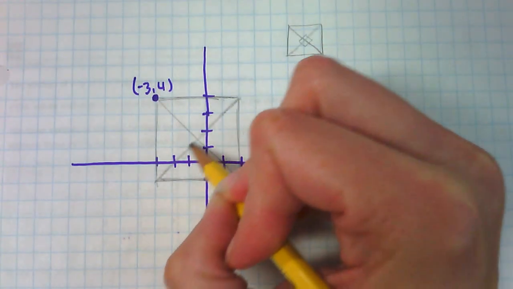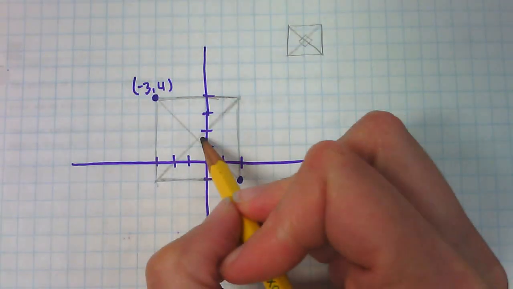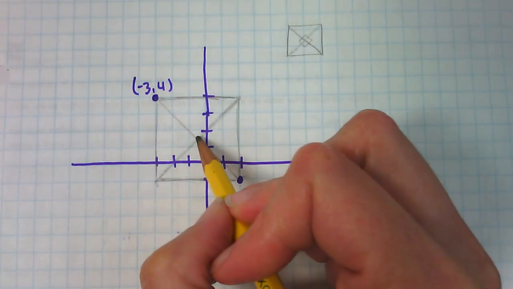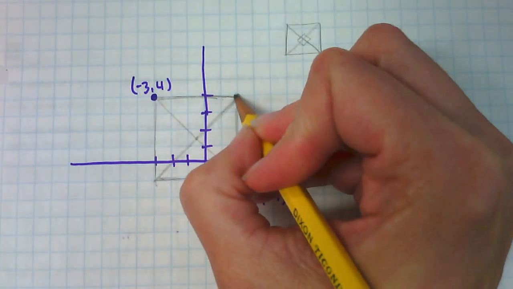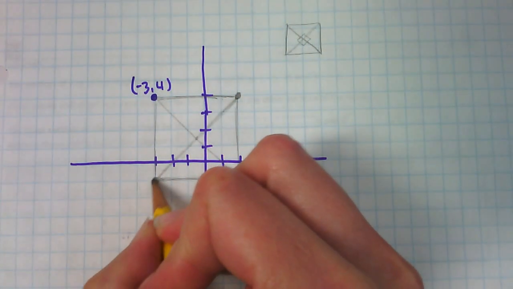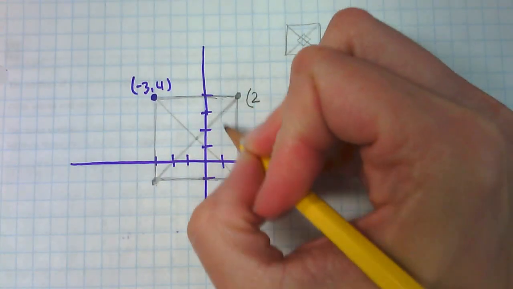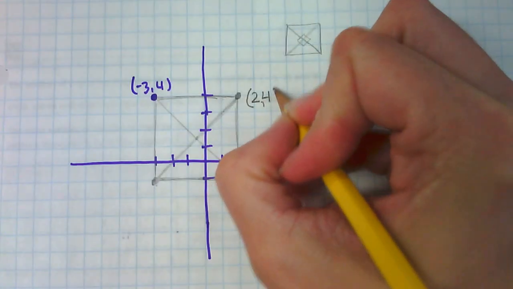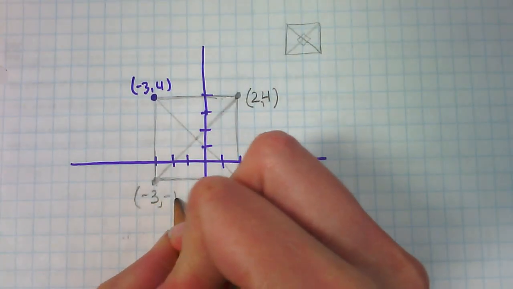So that must mean that my points are in the right spot. I could double check and make sure that these are intersecting at the midpoints, but I think I can eyeball this one and figure out the coordinates pretty well. So this coordinate over here would be 2, 4. And this coordinate over here would be -3, -1.